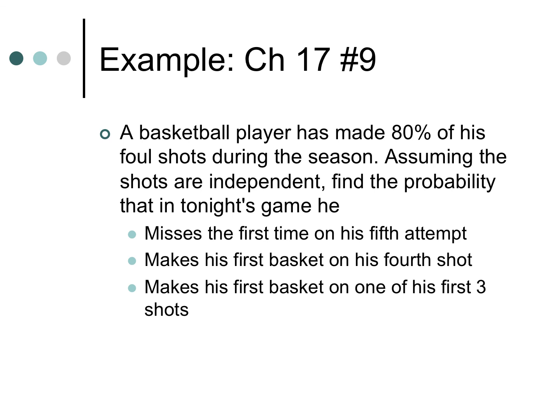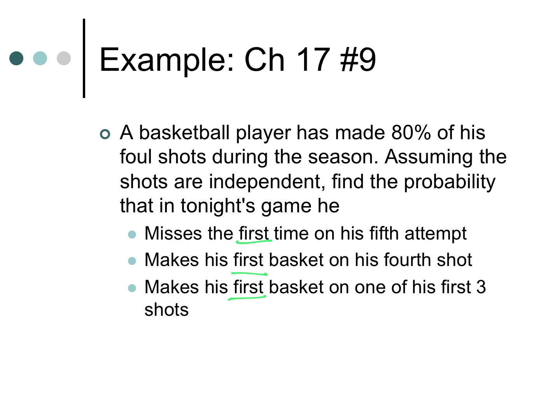Assuming the shots are independent, find the probability that in tonight's game he misses the first time on his 5th attempt, makes his first basket on his 4th shot, makes his first basket in one of his first 3 shots. What model is this asking us about? Is it geometric or binomial? Geometric. First basket, first basket, first basket. Geometric always has some order attached to it.